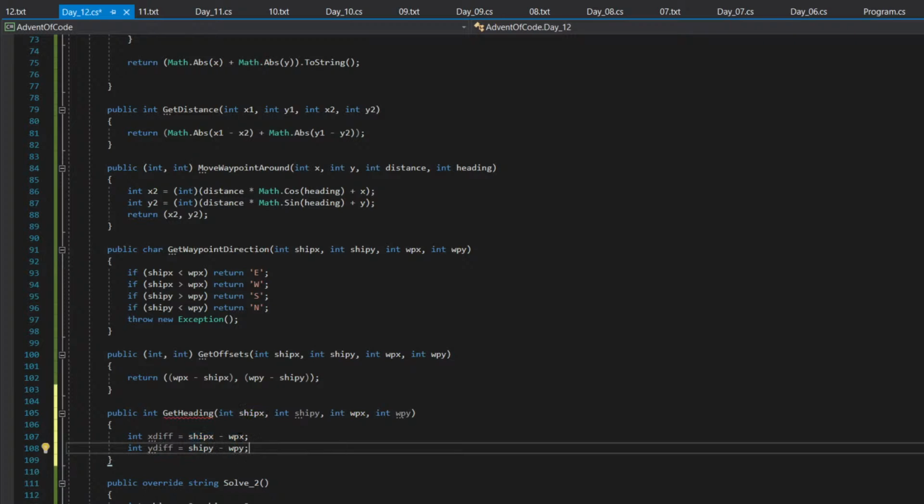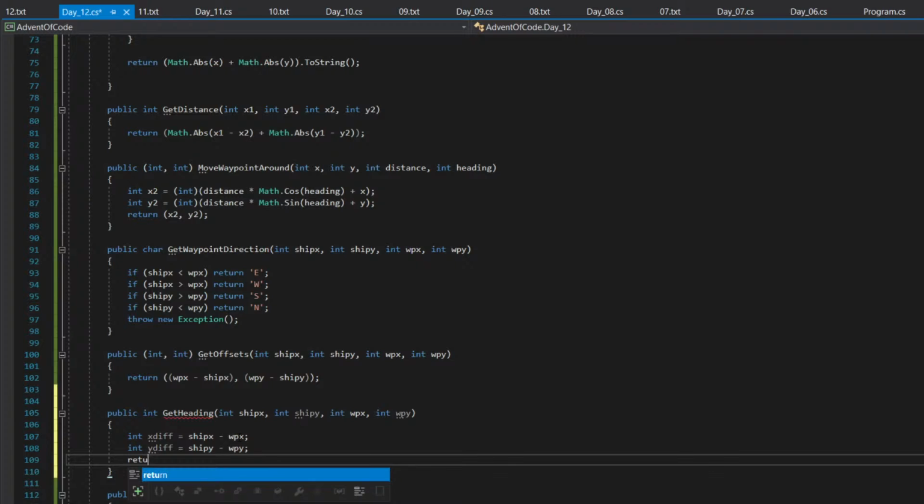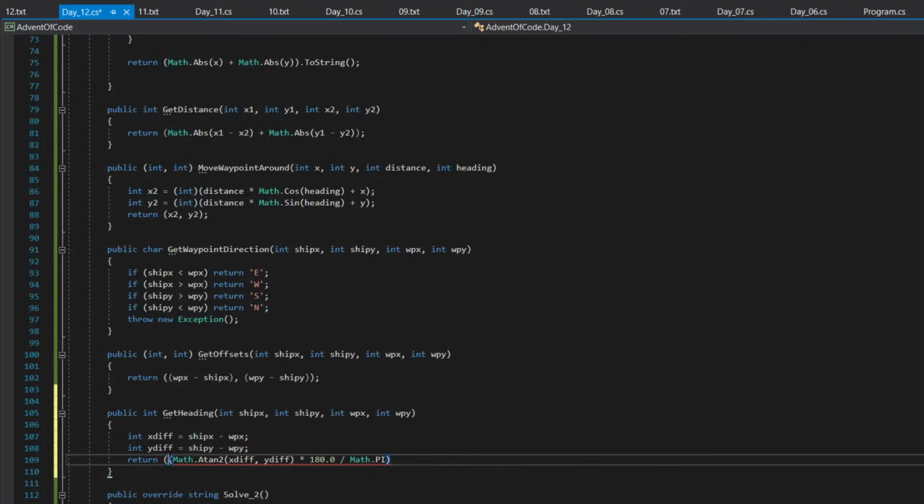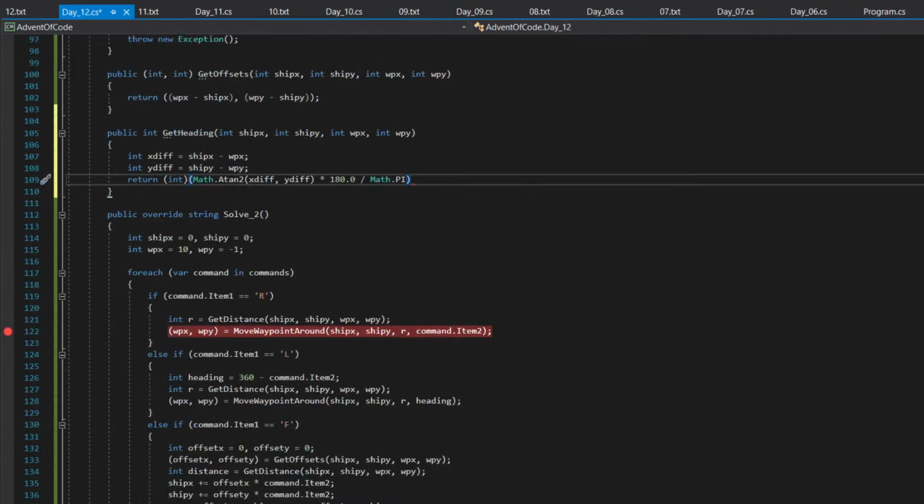And then we take that and we do ATAN2, XDiff, YDiff, times 180 divided by pi. Hopefully that turns into a pretty integer. If not, I will be sad.